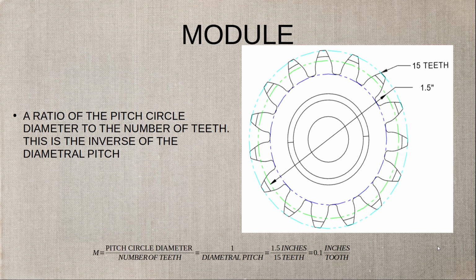The module is simply the inverse of that. So instead of number of teeth divided by pitch circle diameter, it's pitch circle diameter divided by the number of teeth. So if I take the same gear, it's 1.5 inches divided by 15 teeth, or 0.1 inches per tooth.